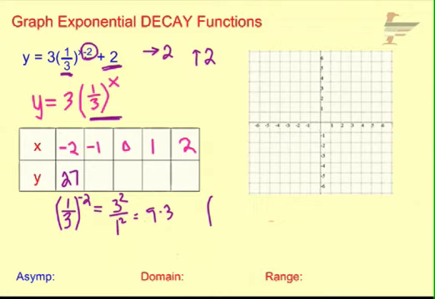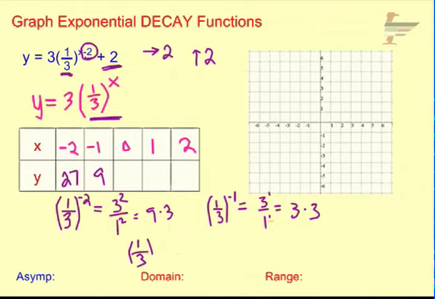So 1/3 to the -1 power. I'm going to flip the fraction, 3 over 1, both raised to the first power, which is just a 3, times the 3, which is 9. 1/3 to the 0 power. Well, anything raised to the 0 power equals 1, and then times that 3 out front is a 3. 1/3 raised to the first power is just 1/3, times the 3.